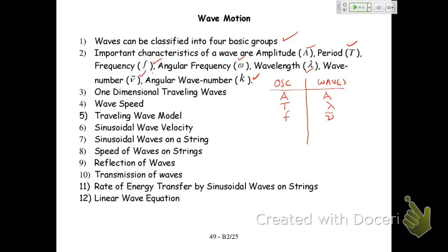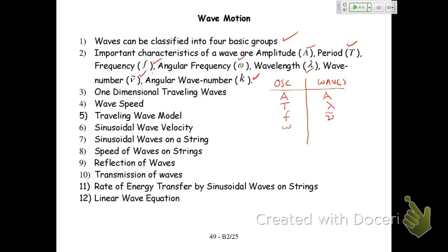And the last thing is, we found it convenient because circular motion can be used to describe oscillatory motion. We found it useful to talk in terms of our angular frequency, which was in radians per second. That was our omega, little Greek W if you like, and that was in radians per second.